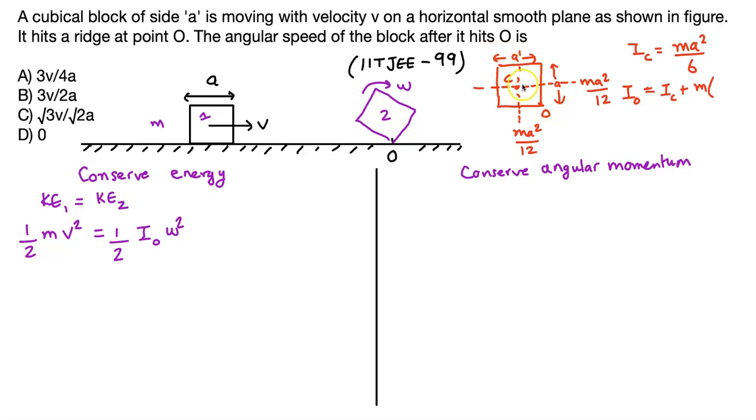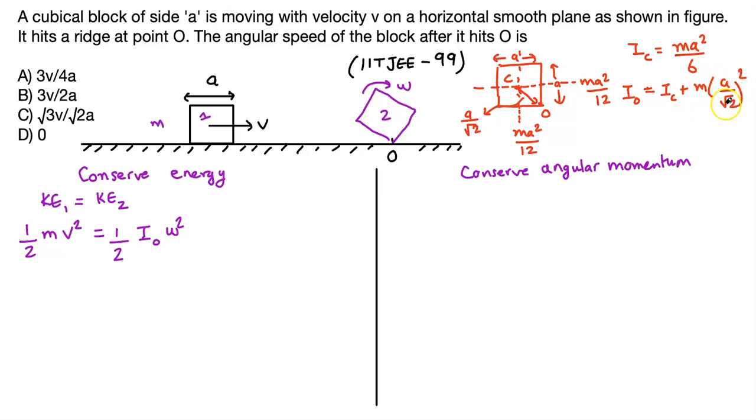This entire length is root 2 a, so this length is going to be root 2 a by 2, or a by root 2. Sorry, I'm not writing down all the steps to keep the drawing a bit neat. So this would be m times a by root 2 squared.